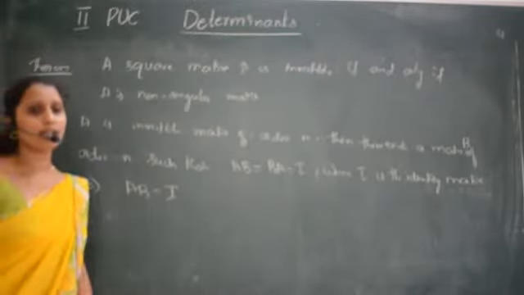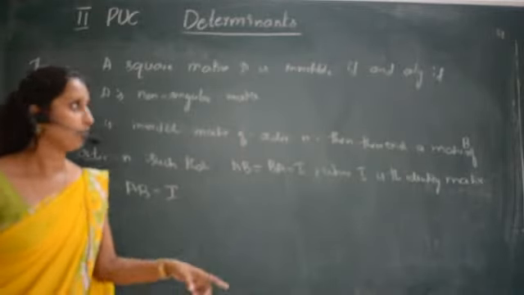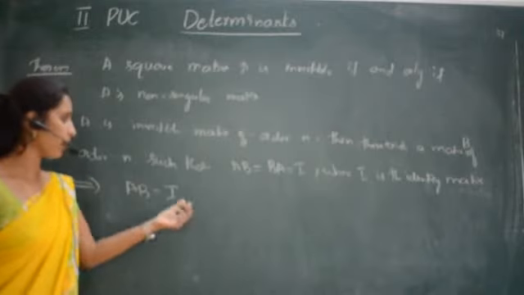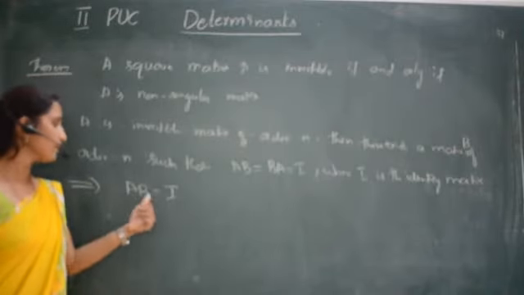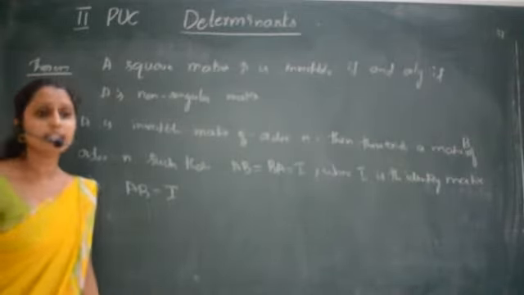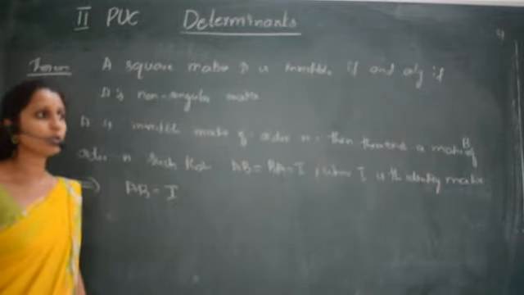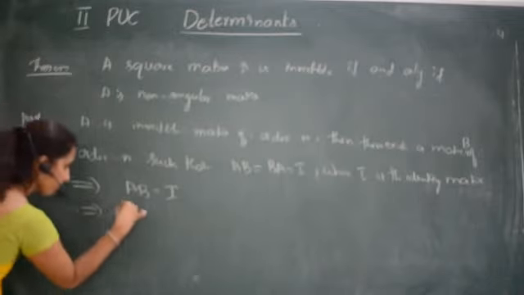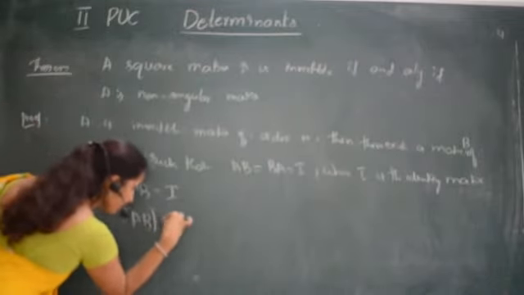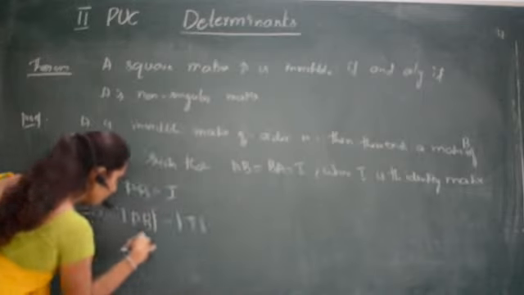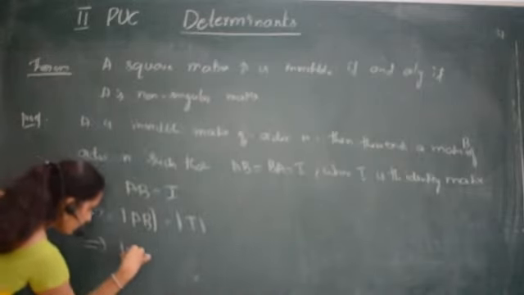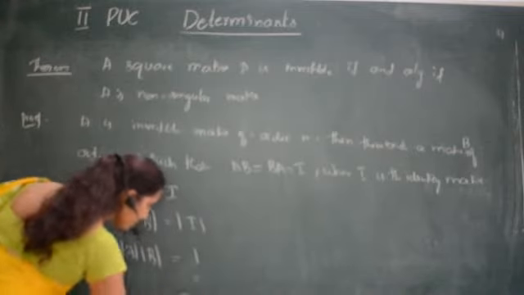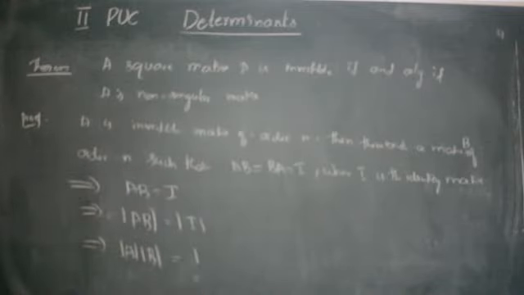Already we know that the determinant of a product of two matrices is the product of their determinants. So the determinant of AB is equal to the determinant of I. This implies determinant of A into determinant of B is equal to determinant of I, which is 1.